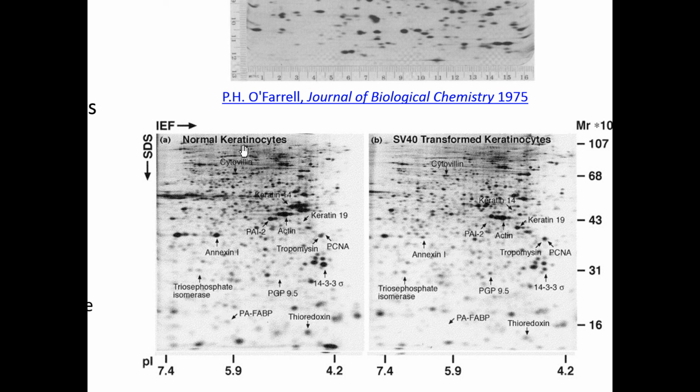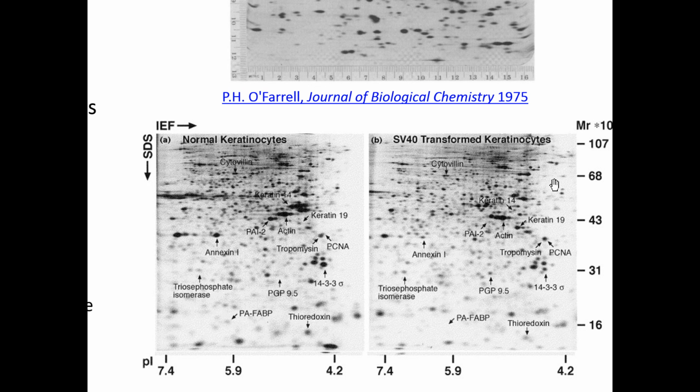This is a certain cell type that they were experimenting on. They took a bunch of those cells, digested them, and subjected them to this two-dimensional gel electrophoresis, and they found a certain pattern of protein spots. After those cells were transfected, that changes the behavior of the cell.